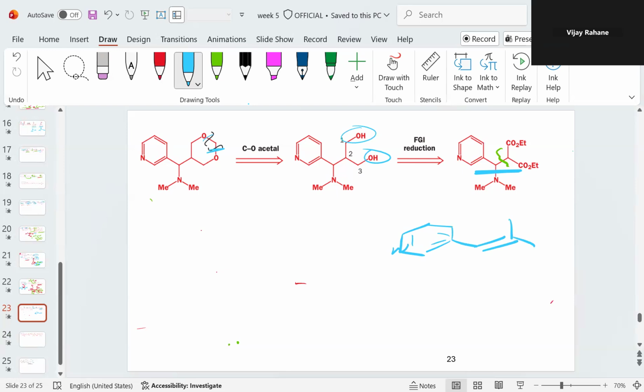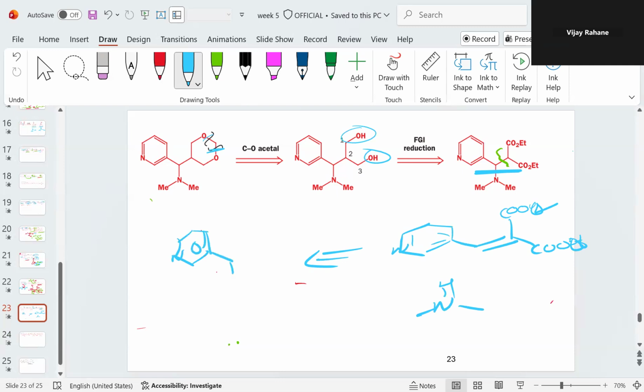these two synthetic equivalents, right? Sorry, these two types of starting materials, and this starting material we can further break down like this.